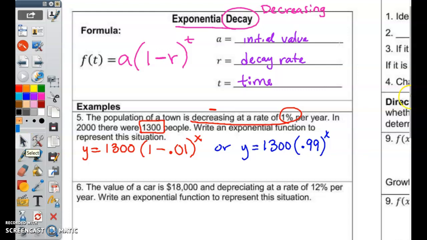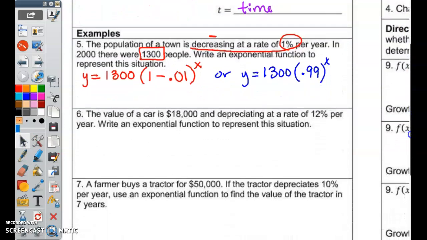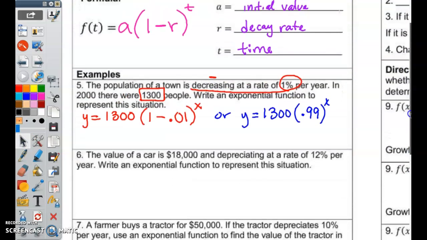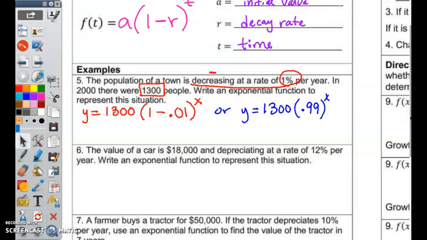Okay? Problem 6. The value of a car is 18,000, so that means I started with 18,000, and it's depreciating at 12%. Depreciating means going down, subtracting, bajando, per year. So we're going to write y equals what I started with, which was 18,000.